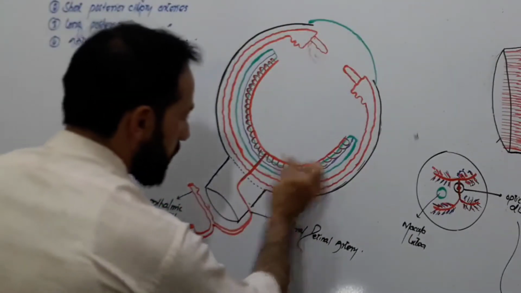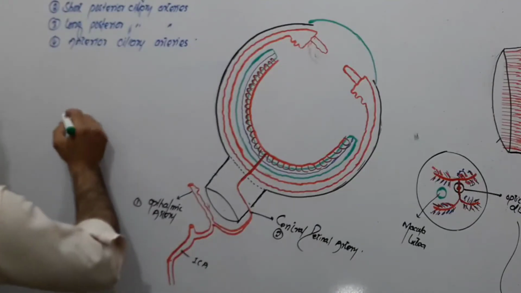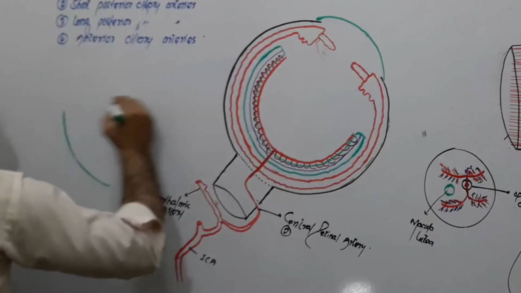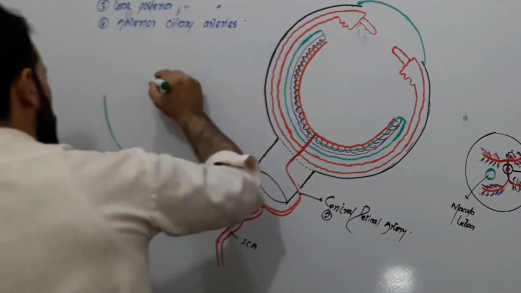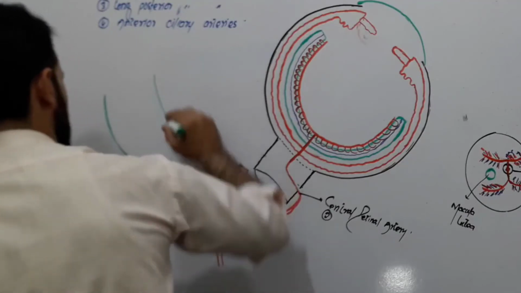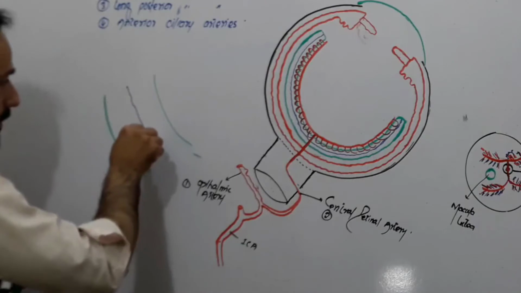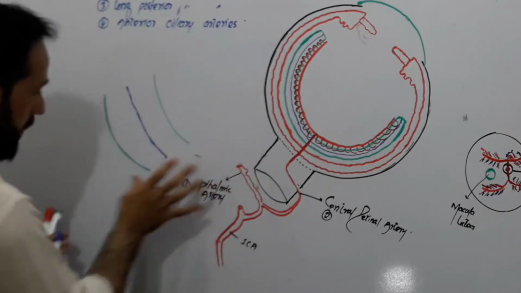We will take a small part of this and draw it here. As you know, we have said that the retina is divided into two parts, the outer retina and the inner retina. For example, this is the line between the outer retina and the inner retina.